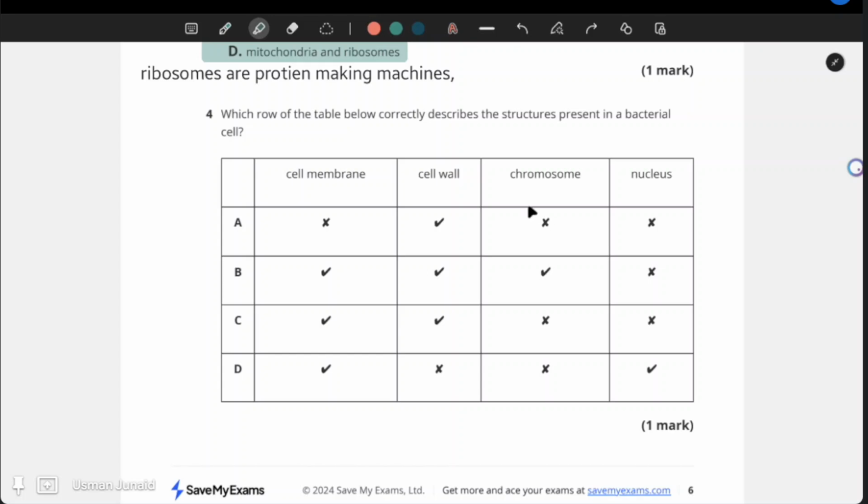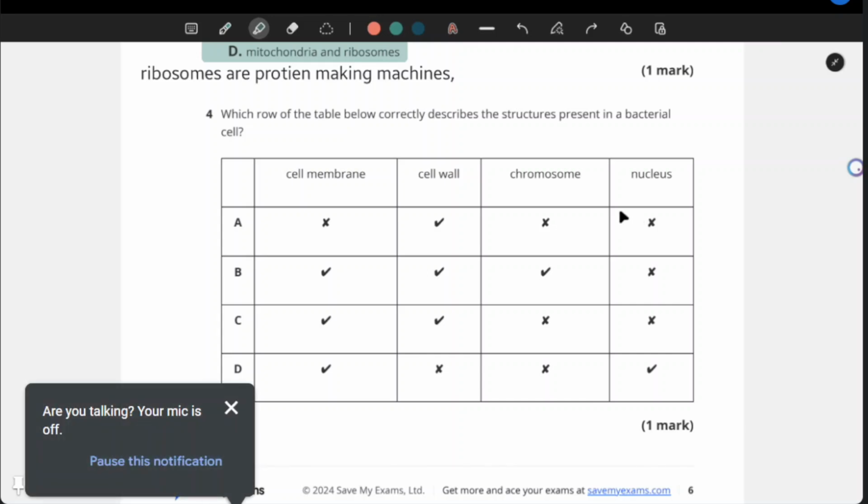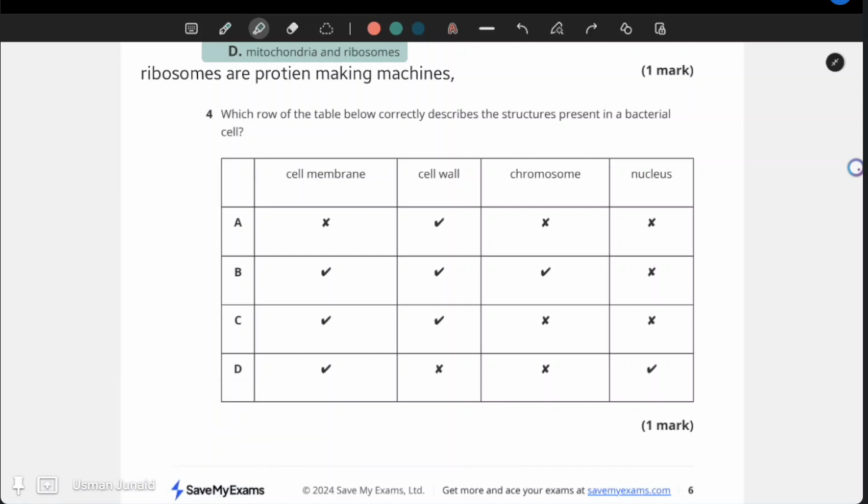It does not have the materials to make proteins, so it can't work, right? So which one should it be? It's not A. Think again.